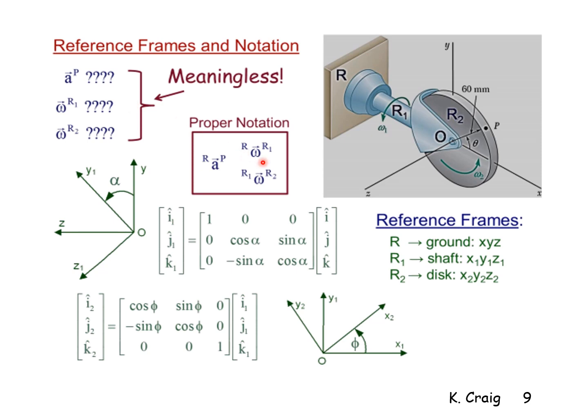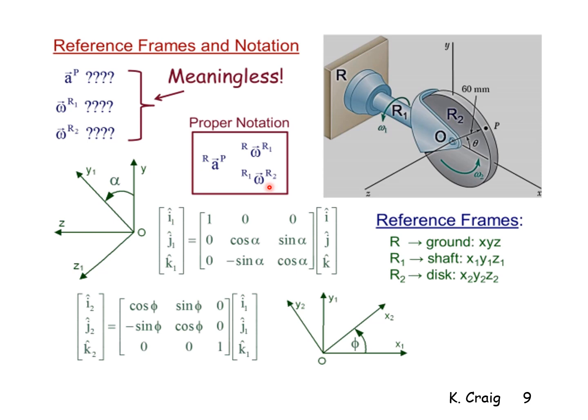The proper notation is the acceleration of P with respect to an observer in the R reference frame. The angular velocity of R1 with respect to the R reference frame. The angular velocity of R2 with respect to R1, as shown here. This is the proper notation. You have to specify even when it is obvious, as it is here. We have one rigid body, we have one ground.